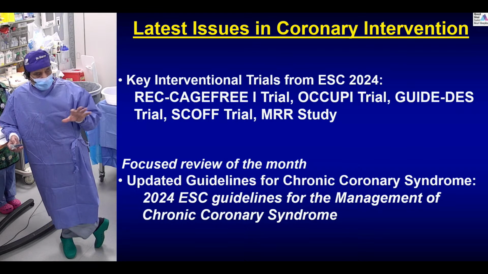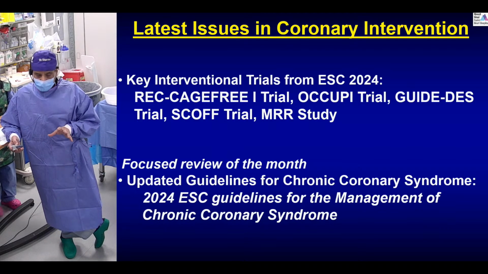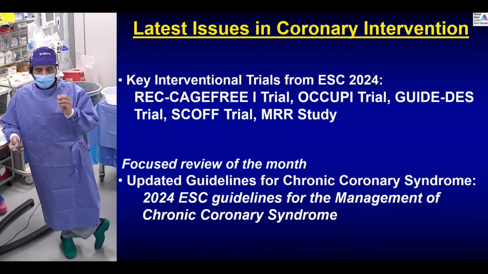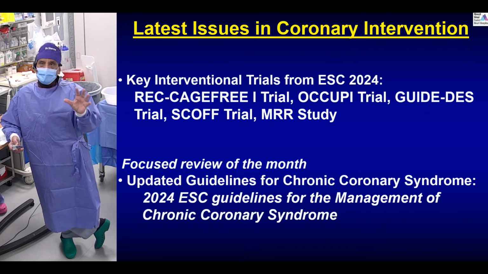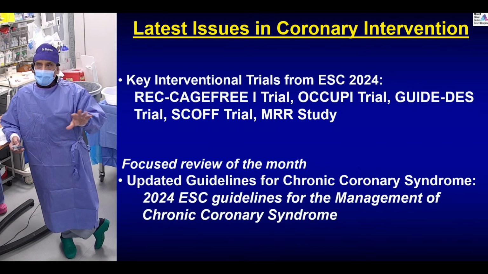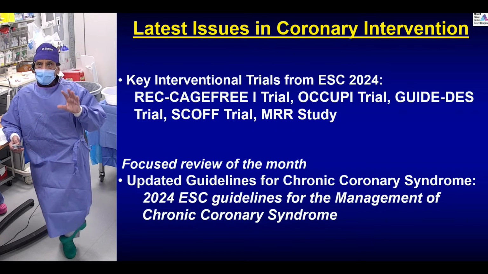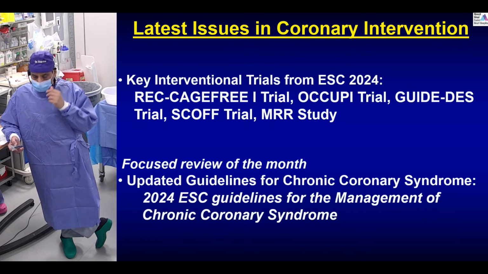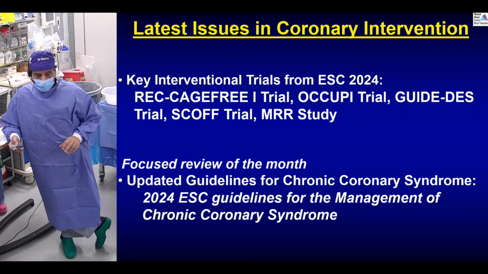You know that America is very slow in coming up with their guidelines, but European already came out every year. Every year they come with some focused guideline and otherwise a full change. So they came with the full change of the guideline for the chronic coronary syndrome, which is our stable ischemic heart disease, which we used to call.